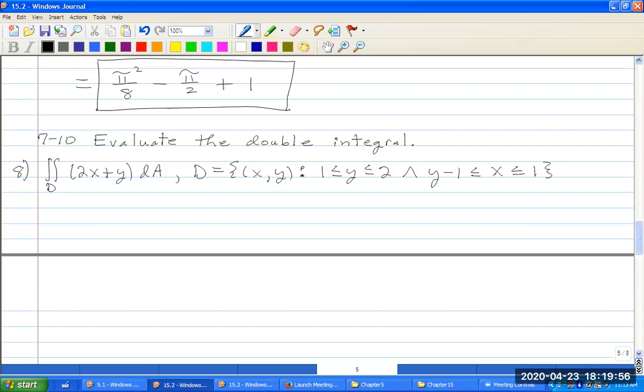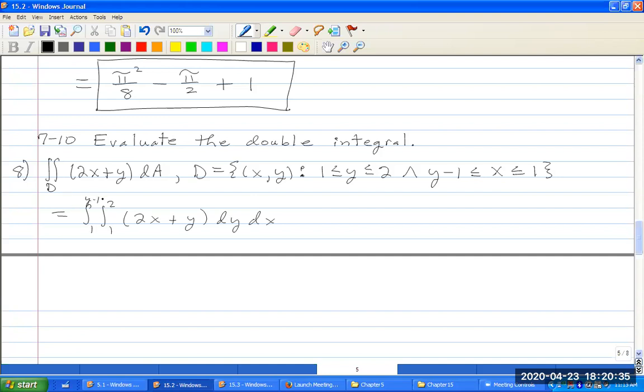Well, notice that this quantity is a number. Now someone was asking, well, how do I know if I put x or y first? Well, it doesn't matter so long as everything is done properly. So let's say that we did dy dx. So y is between 1 and 2, and x is between 1 and y minus 1.